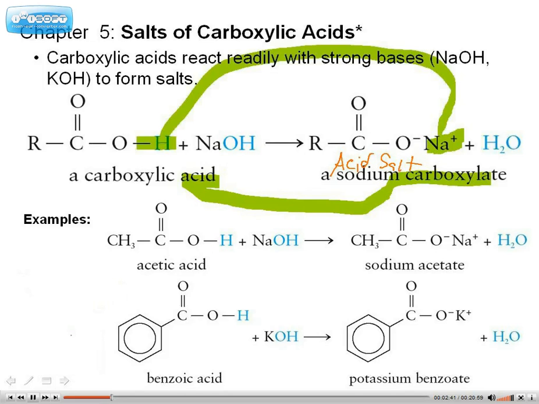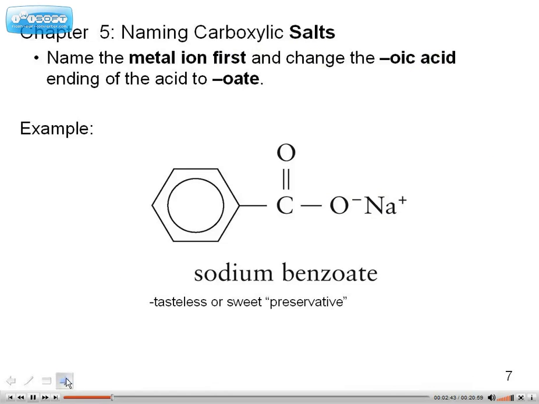You already learned how to name acids. Let's go straight to naming acid salts. Very simple. Originally, this was benzoic acid. Let me write the original molecule just so you can see it. The original molecule looked like this, and you had your hydrogen.